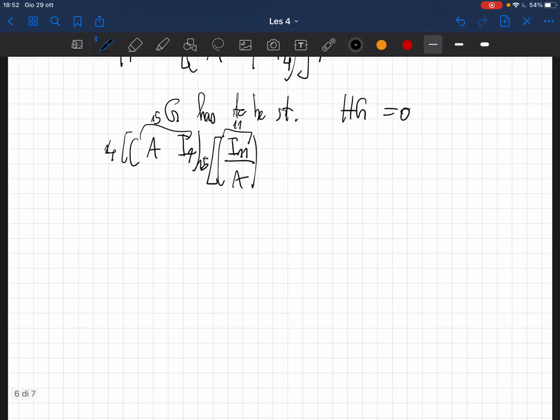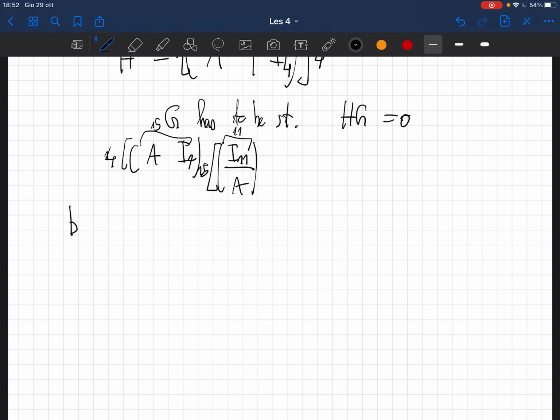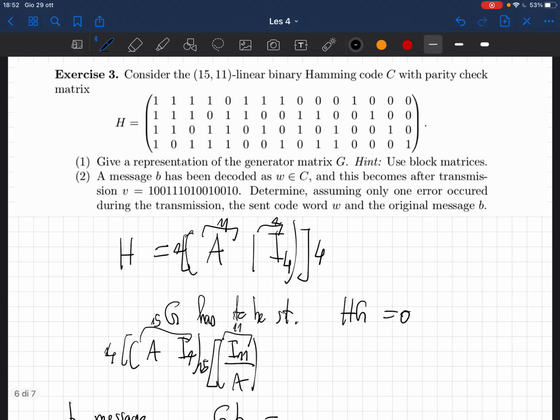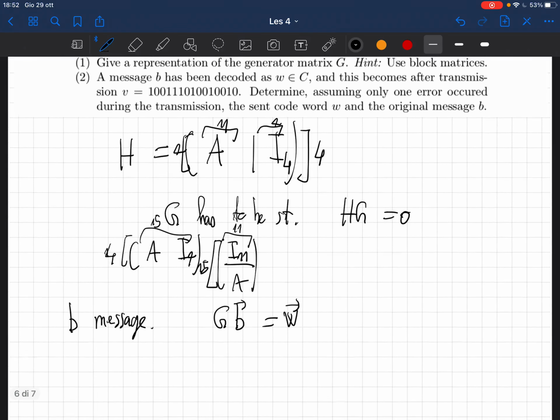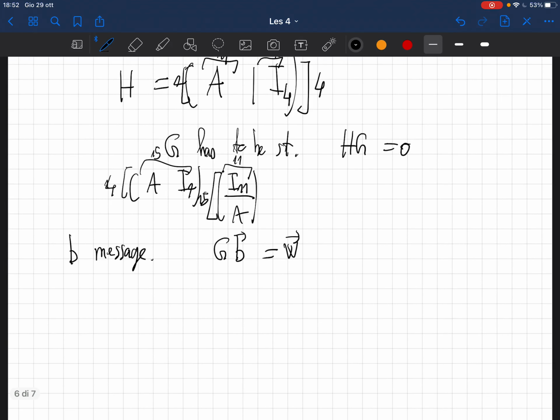So the point is that if you have a message B, and it's being decoded, so this is what the problem calls W. B has length 11.